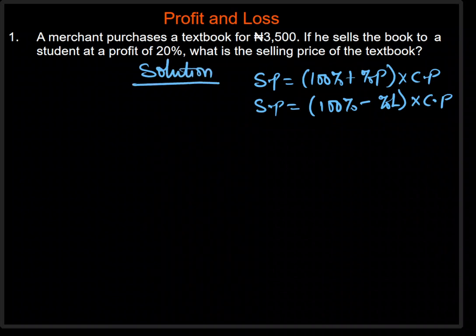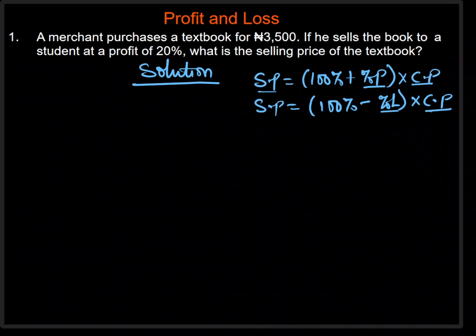Right, so what this formula entails is that if we are given the percentage profit and given the cost price, we can get our selling price direct. And if we are given the percentage loss and the cost price, we can find the selling price direct.